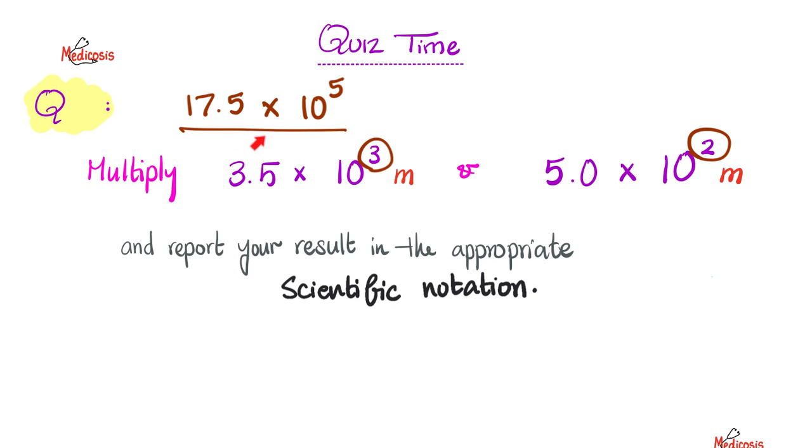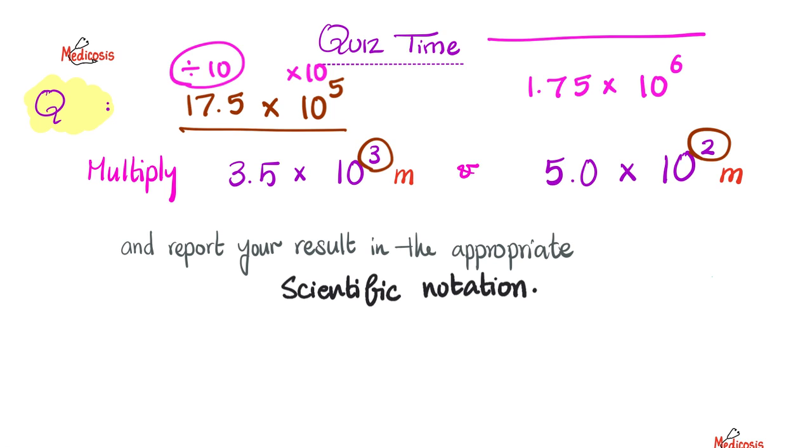I will be damned if it is, because this number is greater than 10. This has to be between 1 and 10. Which means I need to shift this decimal point backwards by dividing this side by 10, so that it becomes 1.75. If I divide this by 10, I have to make up for it by multiplying this by 10, so it becomes 10 power 6. Now this is proper scientific notation.